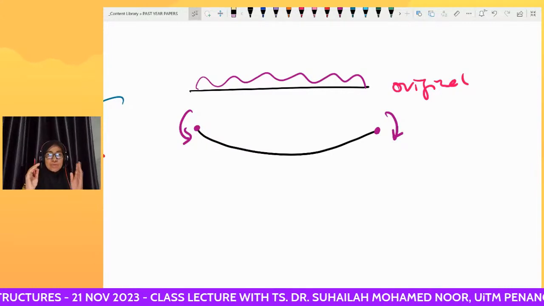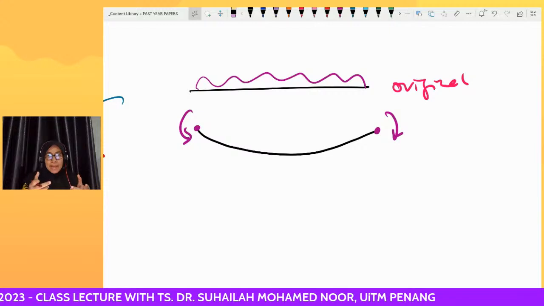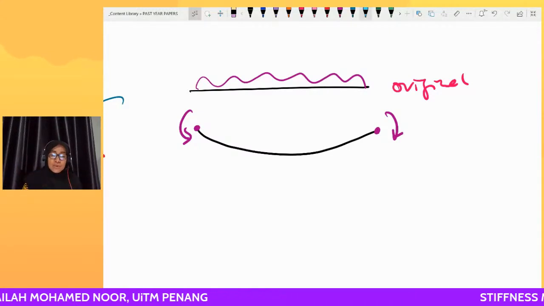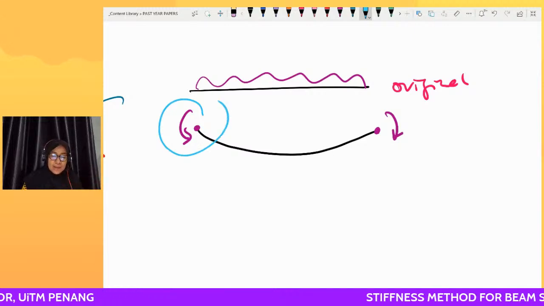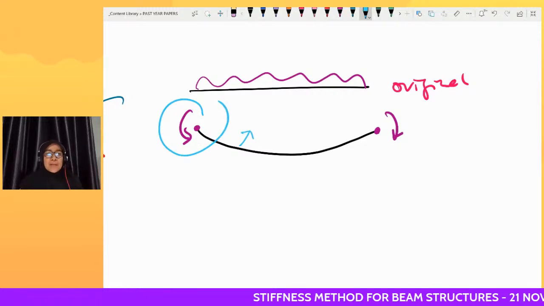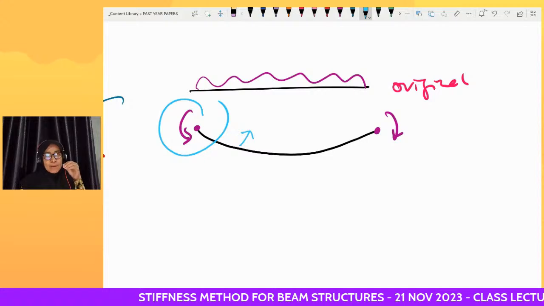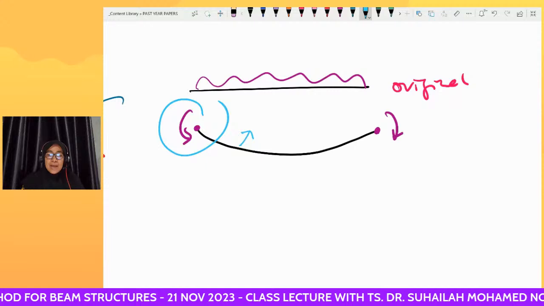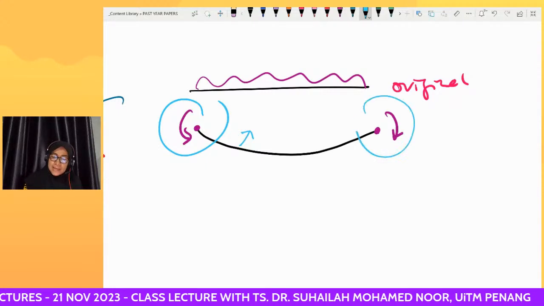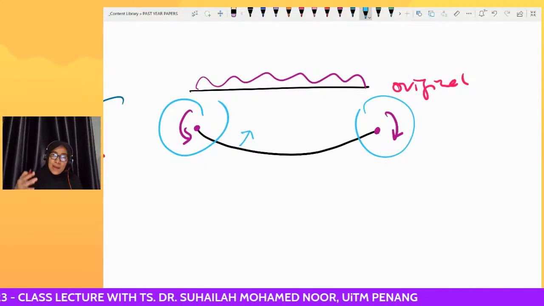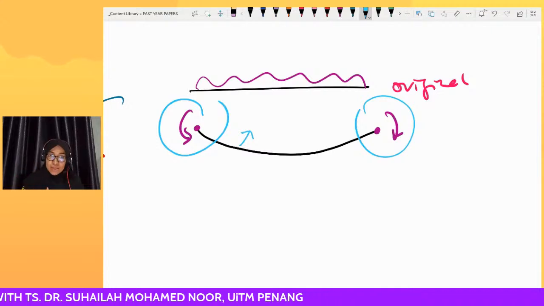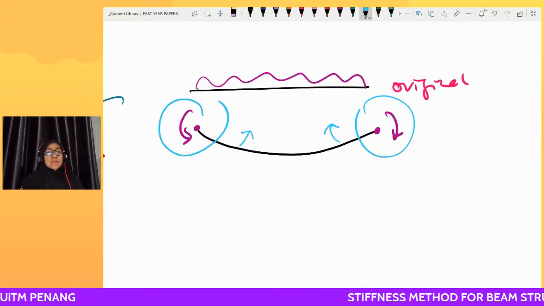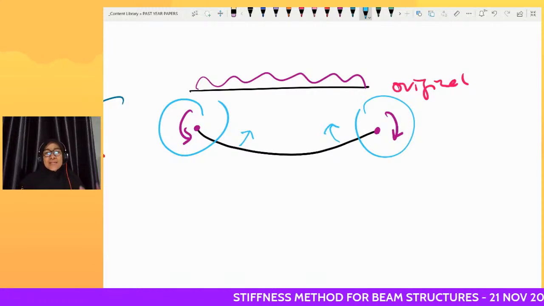The moment will push the beam back to its original position, so we apply the moment counter clockwise at A, and at B we apply it in clockwise direction, so that the bent beam will push back to its original position.